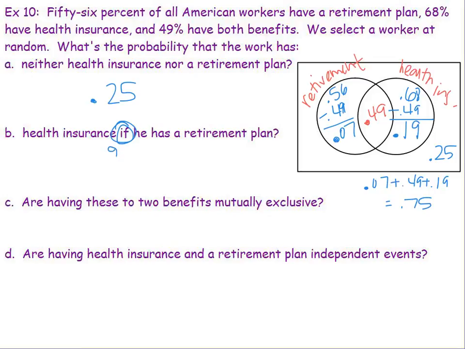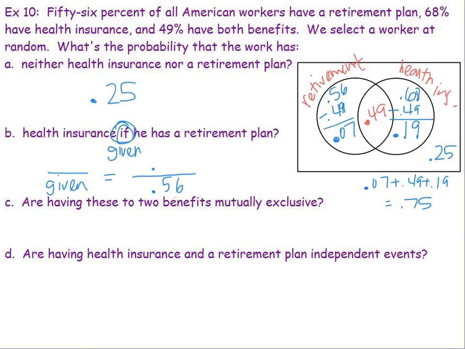So I'm going to write the word given here instead, because we know that given always goes on the bottom. So what's the probability that they have a retirement plan? Well, the overall retirement plan was, no, I'm sorry, 0.56. I'm really messing up today. I looked at the wrong number. 0.56.